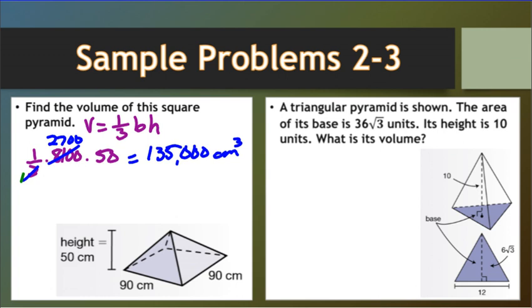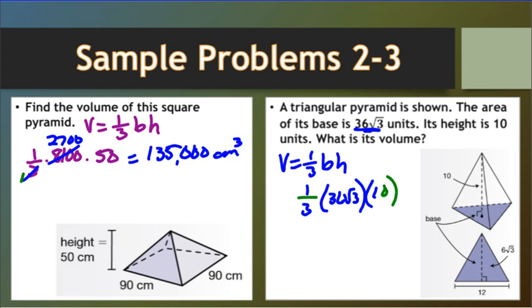Next one, a triangular pyramid is shown. The area of the base is 36 times the square root of 3 square units. Its height is 10 units. What's its volume? So I would take volume equals 1/3 times the area of the base times the height. They told us the area of the base is 36 times the square root of 3, so I'm going to put that in for B, and then the height is 10. Now we can put all those together to simplify.